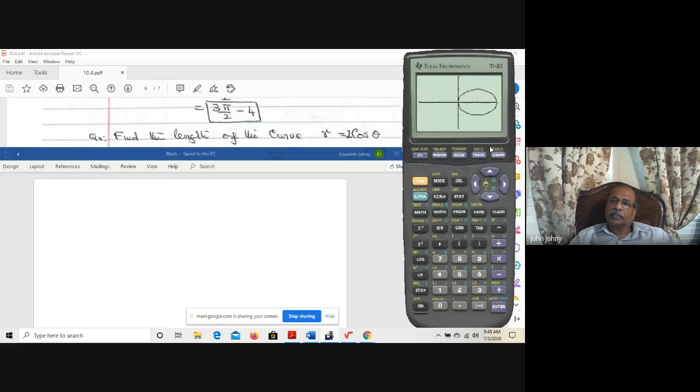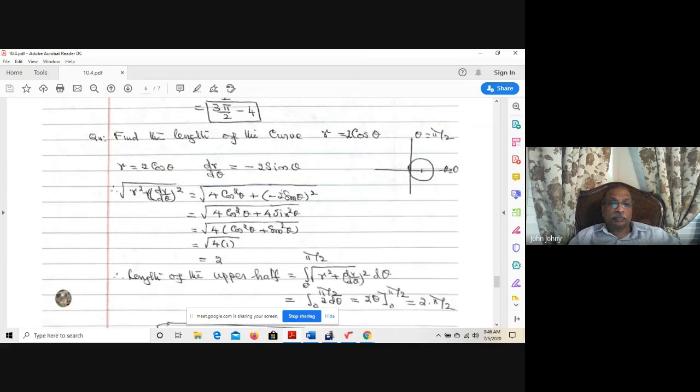So that means theta varies from 0 to pi only if you want to find the whole area. Or you may find the area of the upper half, multiply by 2. So upper half is 0 to pi over 2.